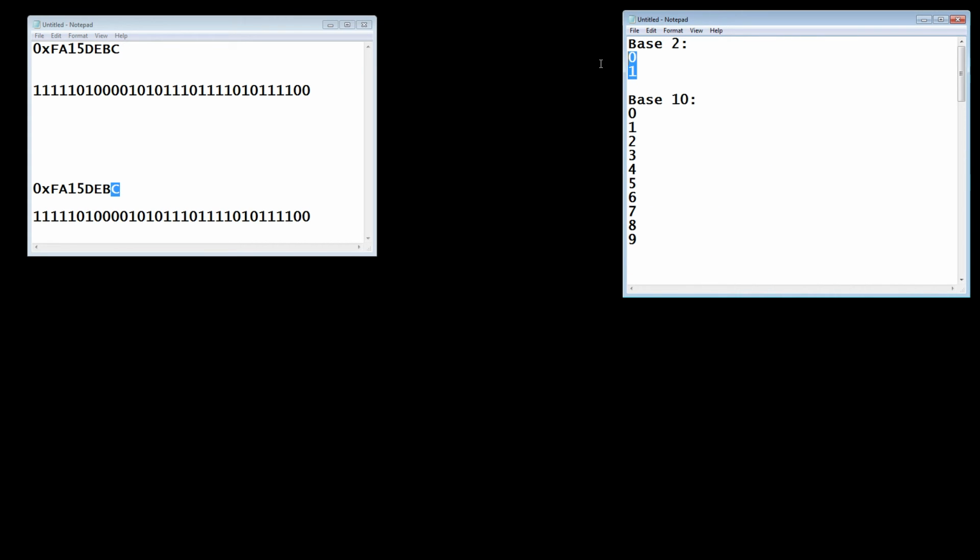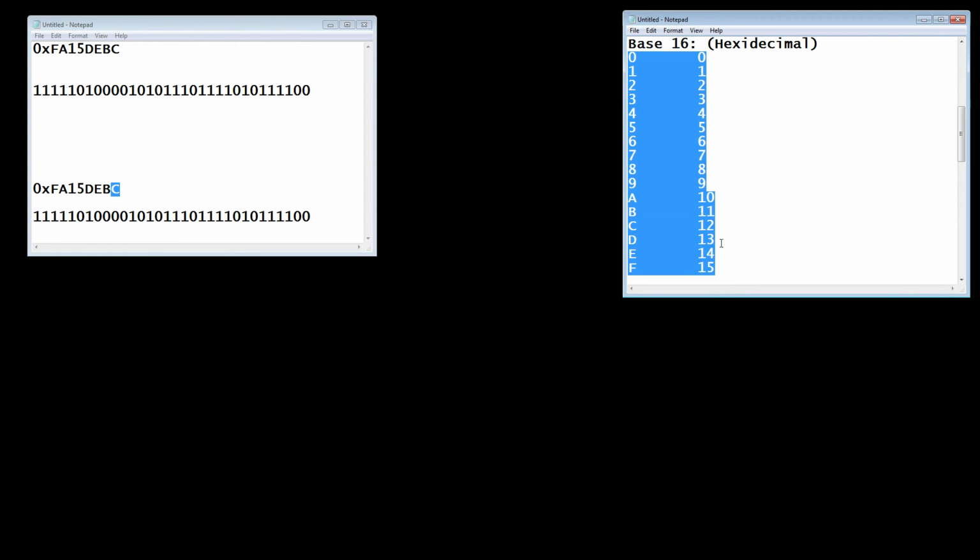We just have these two to work with. That means that once these two are up, we have to extend, right? Now, the base 10 system has a lot more characters to work with, so this is going to be a lot shorter, right? Well, this has even more characters to work with here, so it's even shorter than the base 10 system.